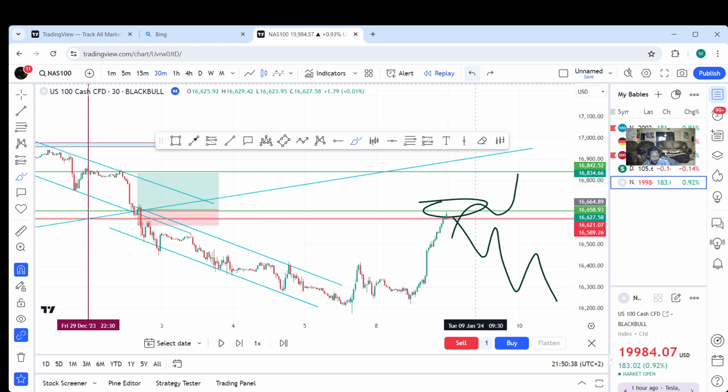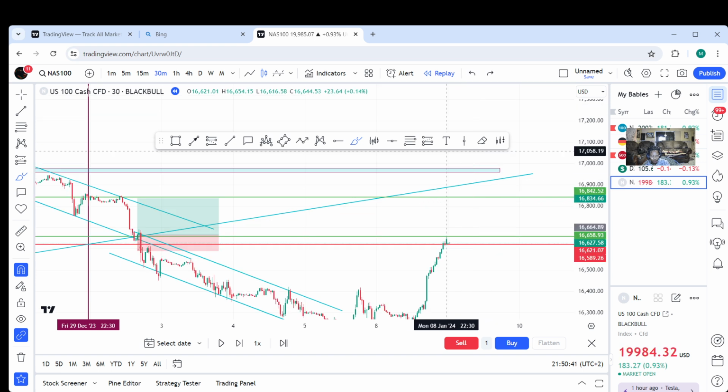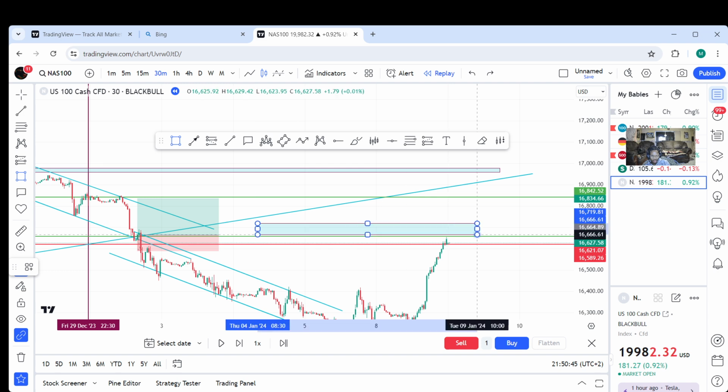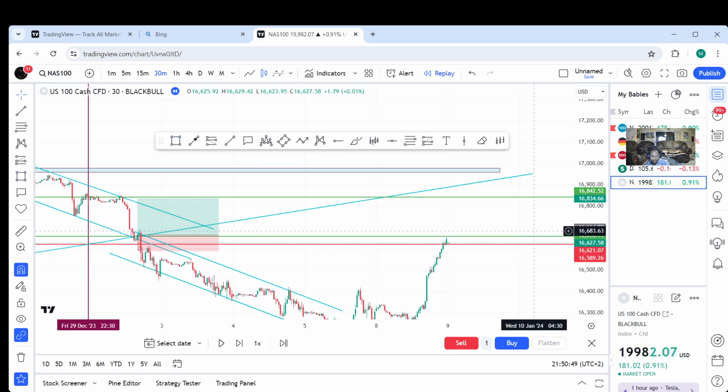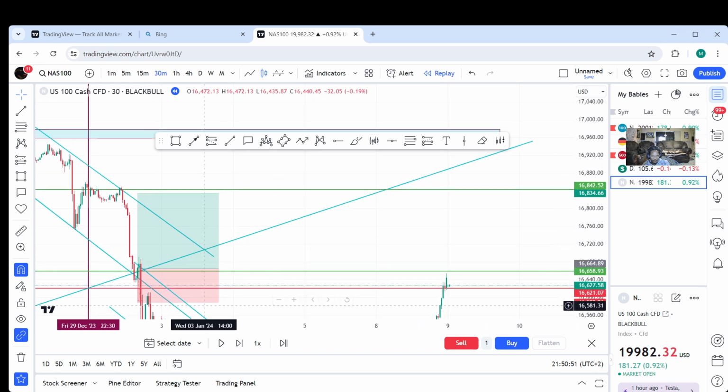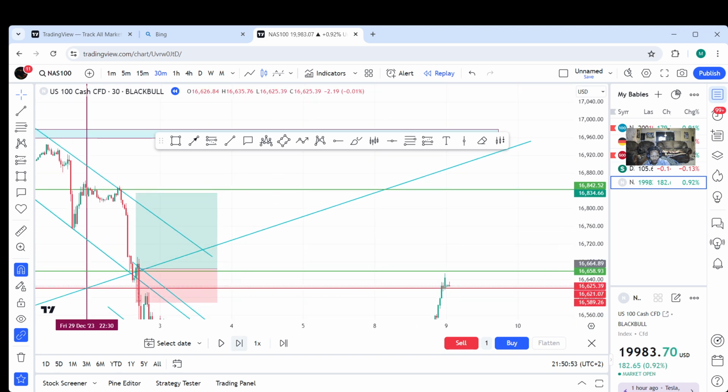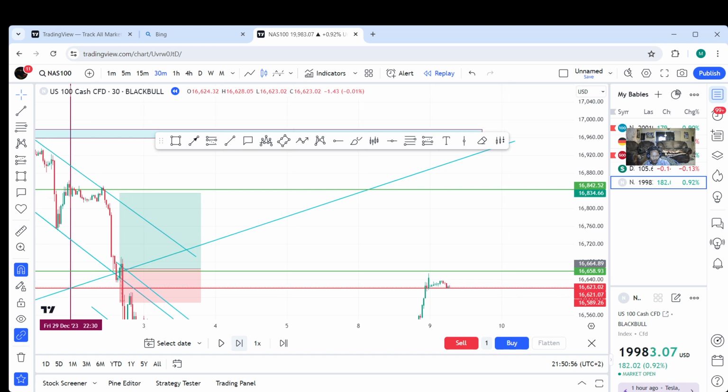The more confluence you have, the more information you have regarding taking your trades, that's how it will give you a high probability setup. So guys, let's just continue pushing the market.